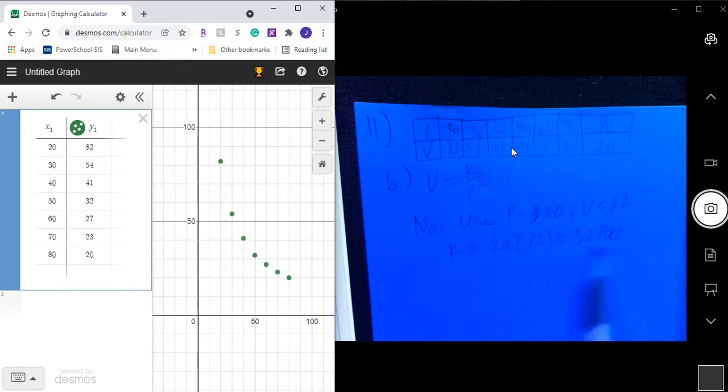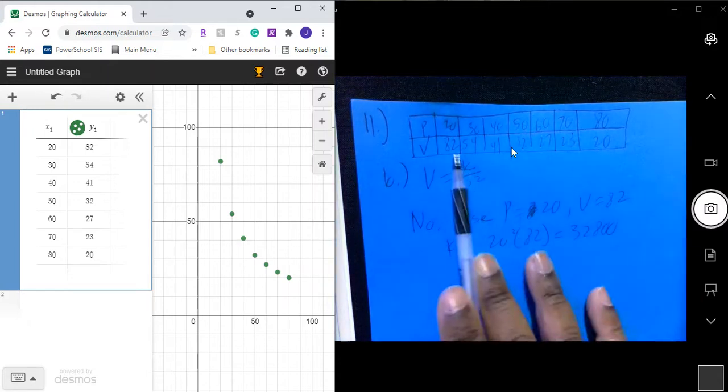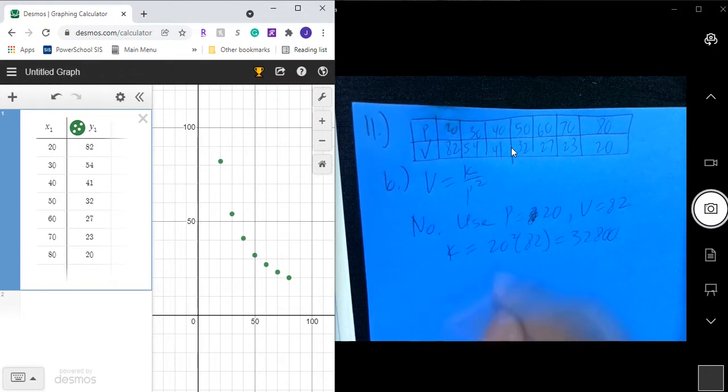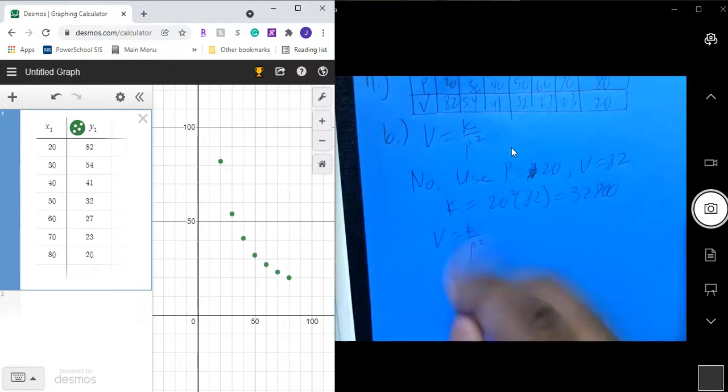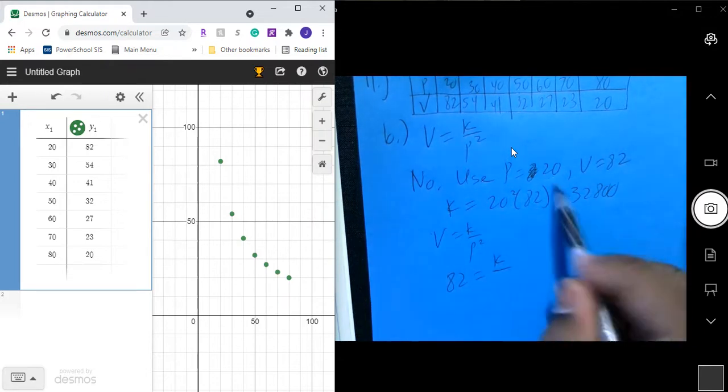Now, just to go back over this and make it a little bit cleaner. Since P is 20 and V is 82, this is our formula. We're basically substituting in the values here. V would be 82, P would be 20. So we have V is equal to K over P squared. V would be 82, K we don't know, and P is 20.